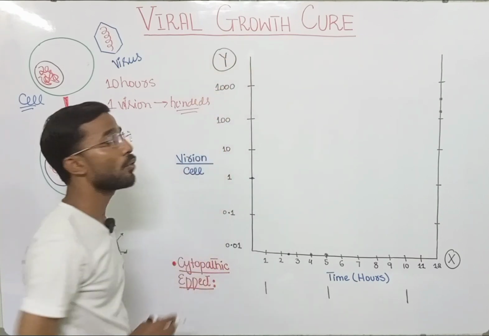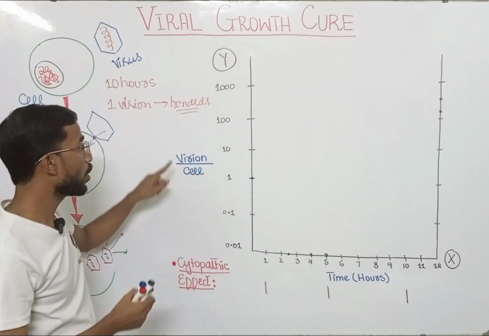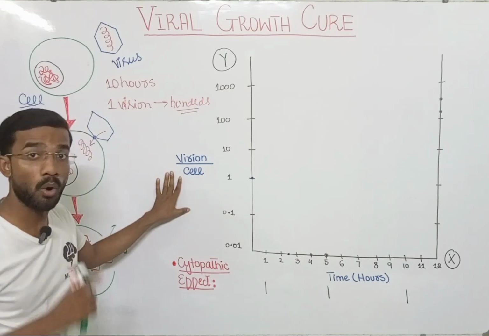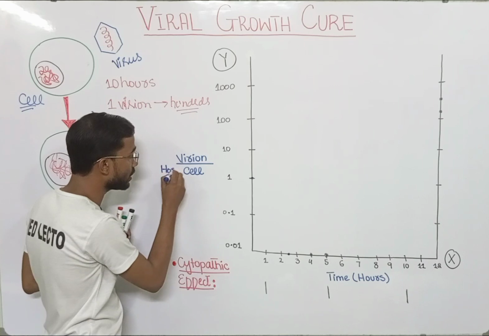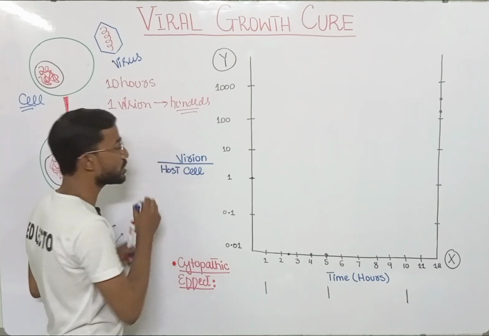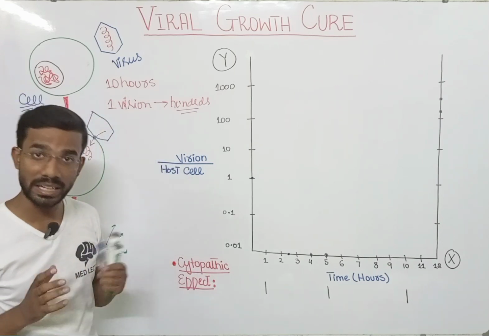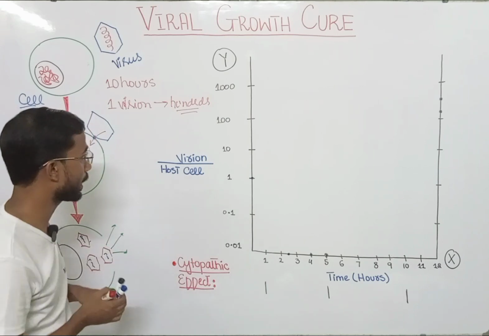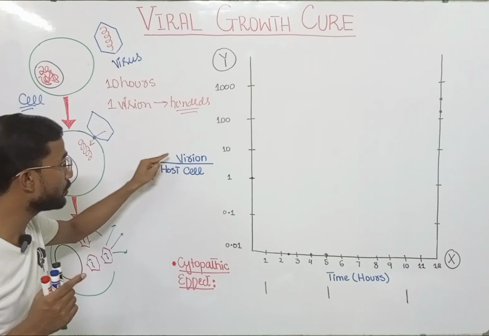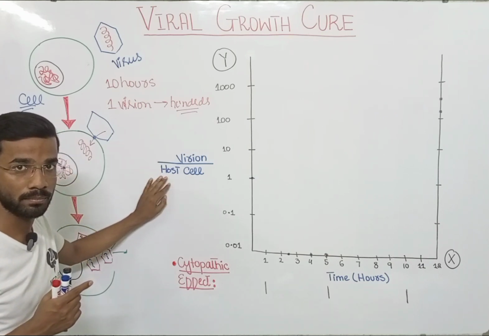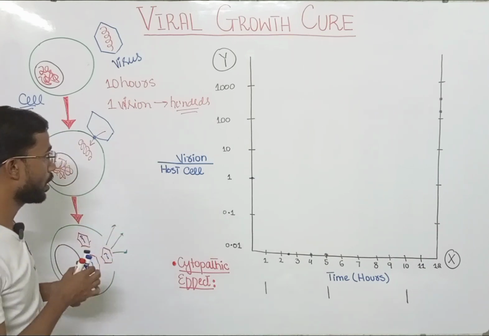On the y-axis we take the virion over the host cell. This is the host cell which the virion will attack or infect. It is actually a ratio, or fraction, between the virion and the host cell.